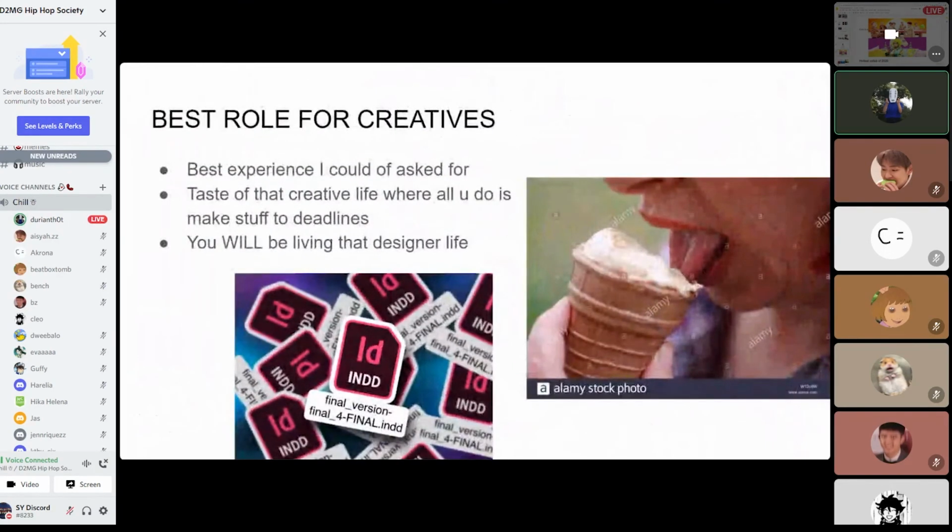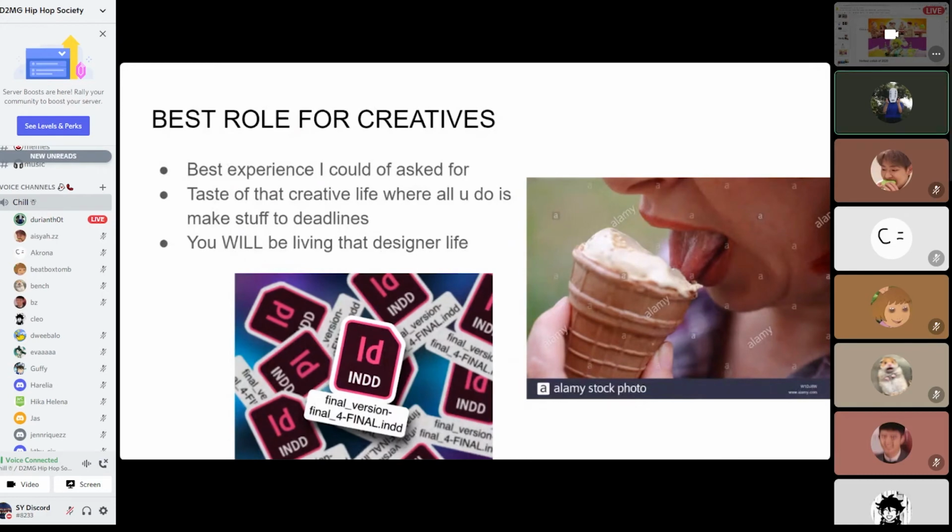So the media director role is the absolutely best role possible if you're a creative or want to learn more about what being a creative is like in the industry. So even though this role may have been pretty tiring at times, it's a really good experience because you're basically having a taste of that creative life where all you do is make stuff for clients and you have lots of deadlines.